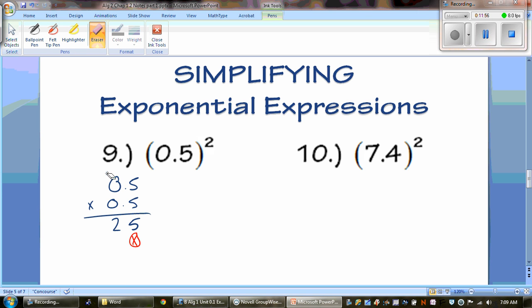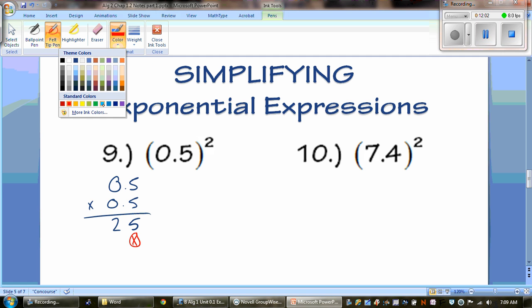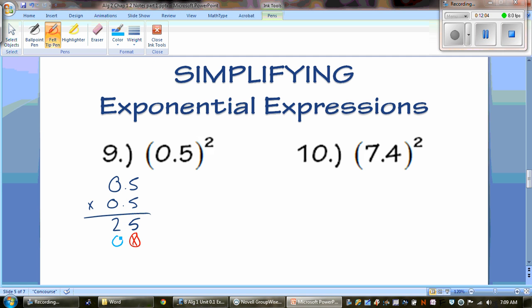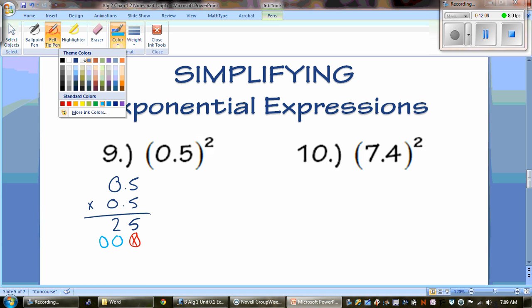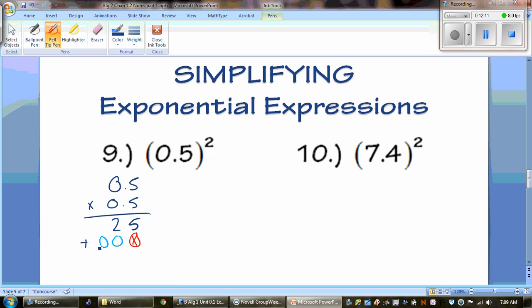Now, as I'm multiplying that other number, I erased all of the things that I was carrying. Okay? All right. So 0 times 5 is 0, and 0 times 0, yeah, 0. And from here, we just add everything up. The 5 comes down, the 2 comes down, and if you want to bring that 0 down, you can.